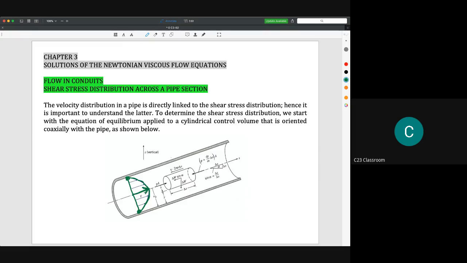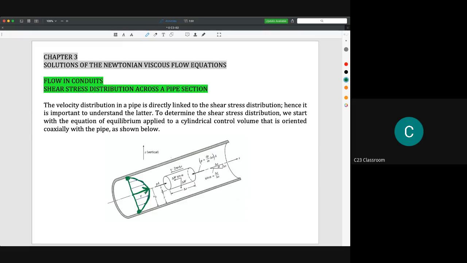Now we try to derive it. The big difference between Poiseuille flow and Couette flow is that in Couette flow, almost all situations involve natural flow, meaning we have an inclined plane and gravity pulls the liquid down.